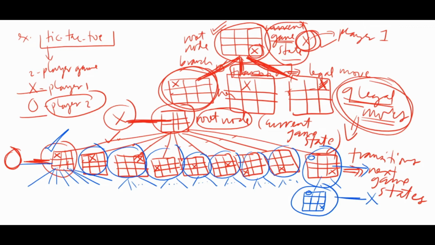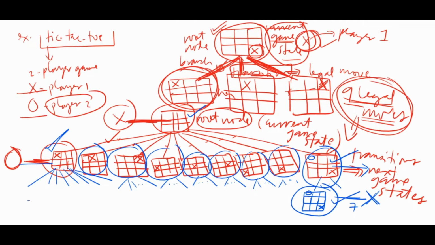And then on this level, X will make the next move. So how many legal moves are there available for player X to make? There will be 7, right? Because there are now 7 vacant squares. From the original 9 vacant squares, here we have 8 vacant squares. On this level, we now have 7 vacant squares.